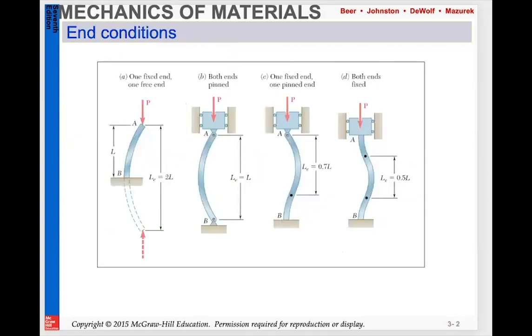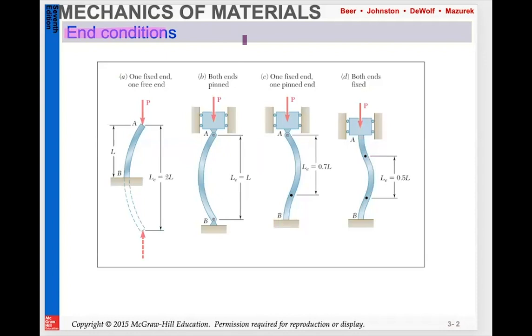So there are a few key points in chapter 10. One is the end conditions. This is something you should memorize, because it's not on the final exam, this concept of effective length. There are different end conditions, and those will cause a different effective length.